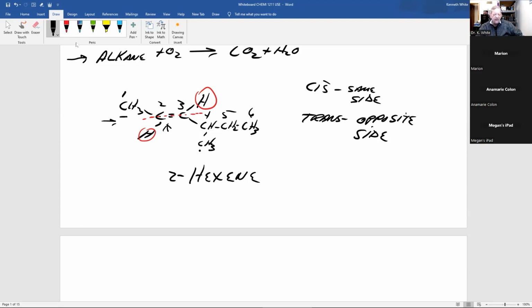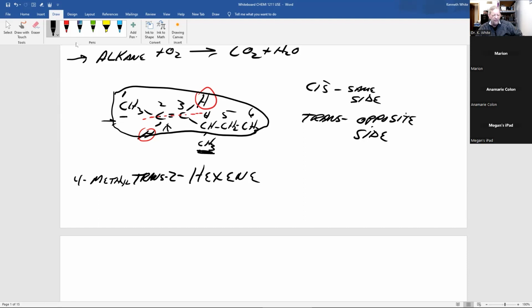When they're on opposite sides, they're trans. Therefore, this would be trans 2-hexene. And as soon as we say that, all that's spoken for. Oh, look, it's a methyl group. And it's on carbon 4, so it'd be 4-methyl trans 2-hexene.